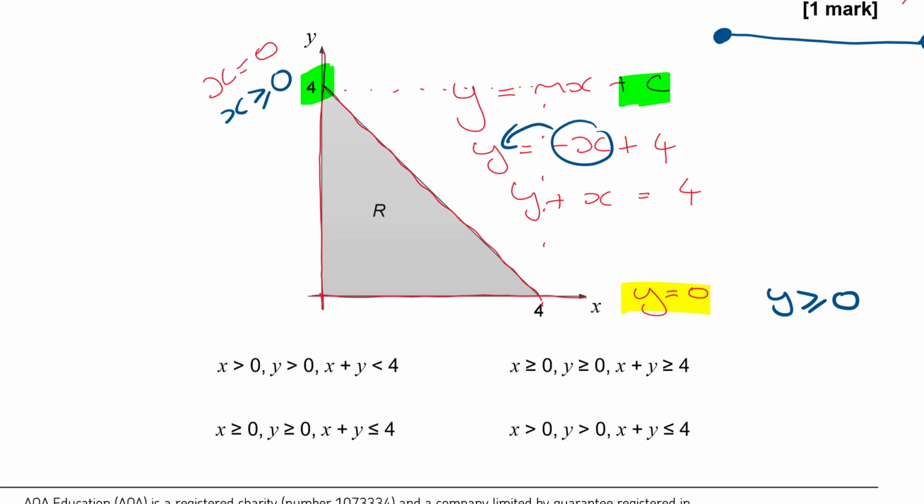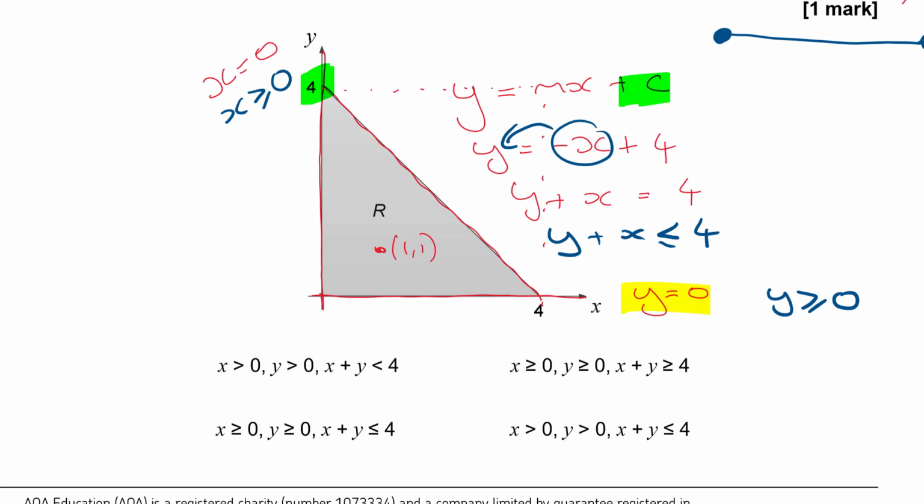Is y plus x less than or equal to 4, or is y plus x greater than or equal to 4? Well, let's take a point, 1, 1, to test. So if x is 1 and y was 1, then 1 plus 1 would be less than or equal to 4. So we want it that way around. So we want the boundary y plus x is less than or equal to 4.